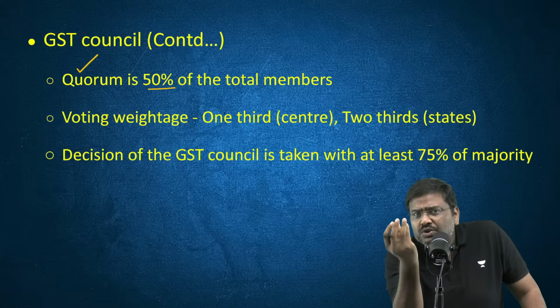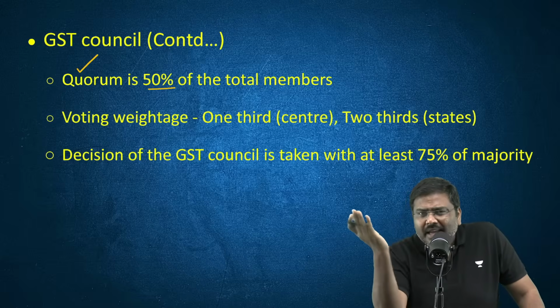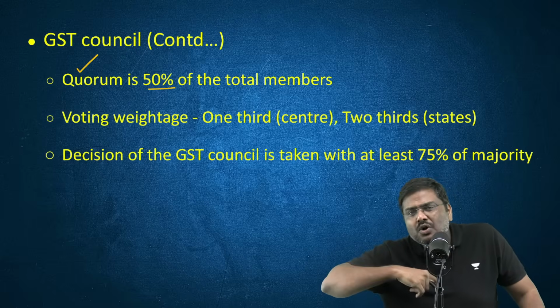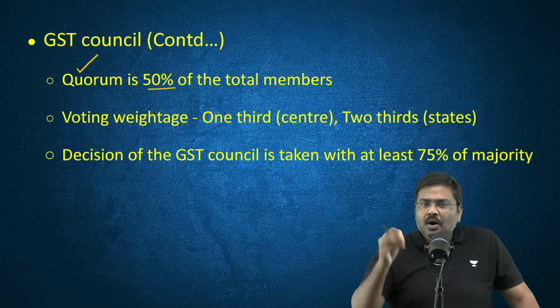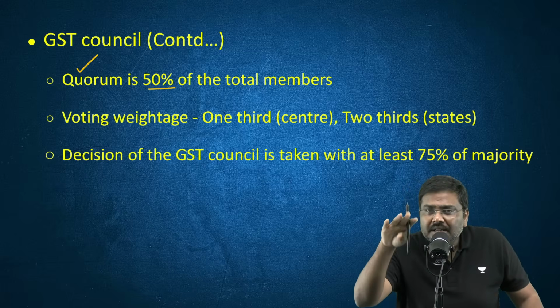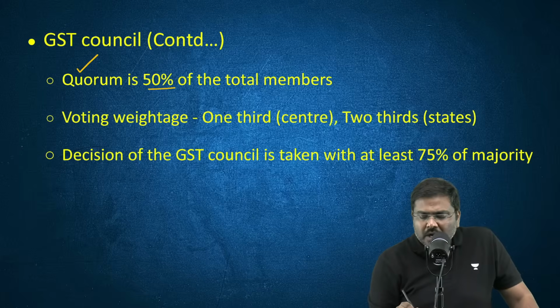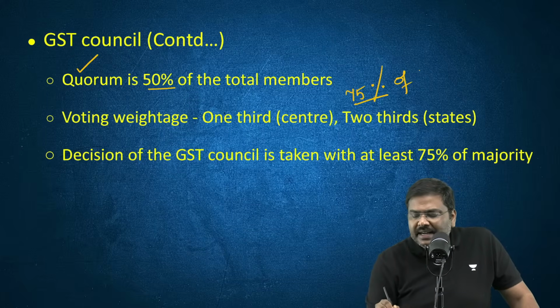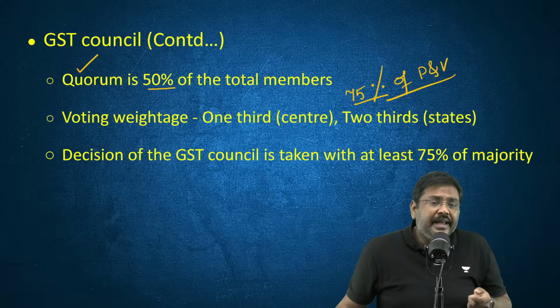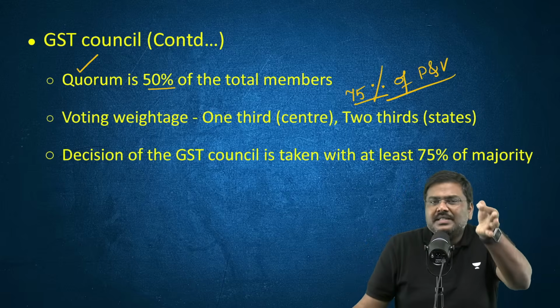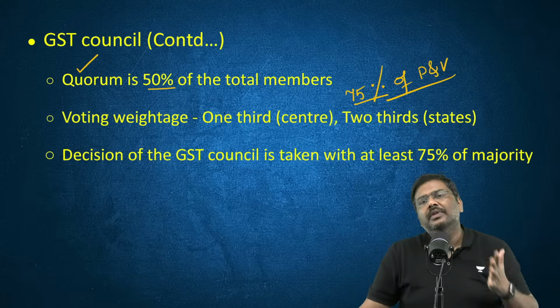The remaining two thirds of this voting is divided equally amongst all the other participants, all the other stakeholders. Now, voting will happen, and for the decision to be made, you require at least 75% of present and voting. Need a majority of at least 75% of present and voting.